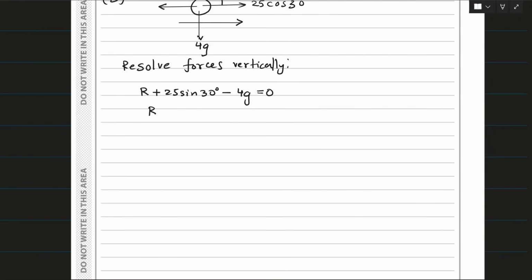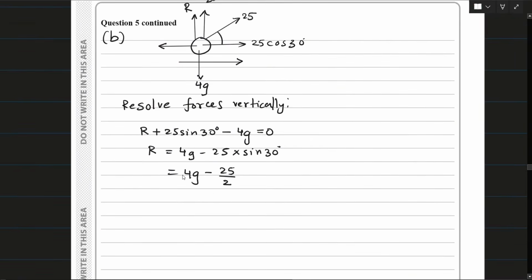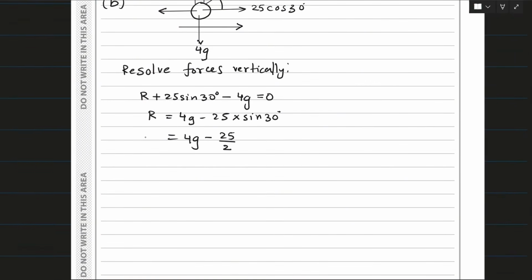From this we find the reaction force, which is 4g minus 25 into sine of 30. We know that sine 30 is equal to half, so this can be simplified to 25 by 2. Now we know the reaction force. From this we can find out the value of the maximum friction.